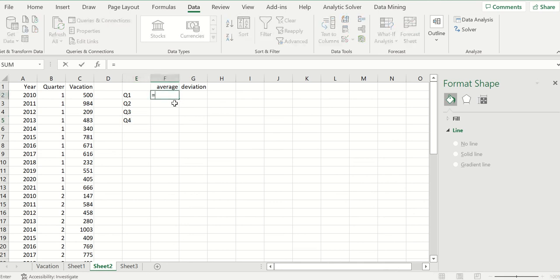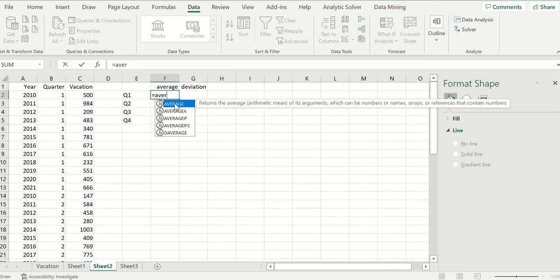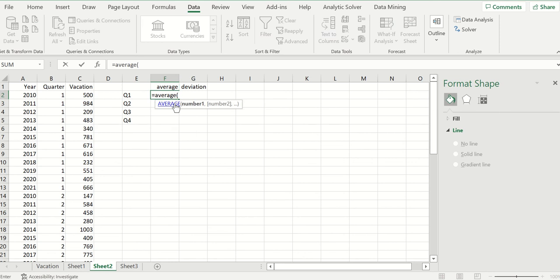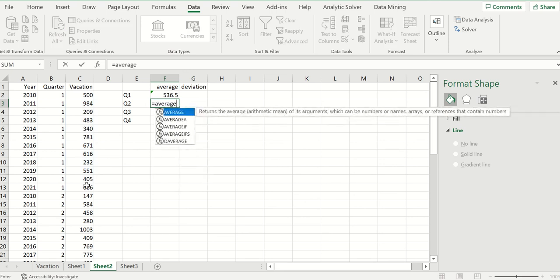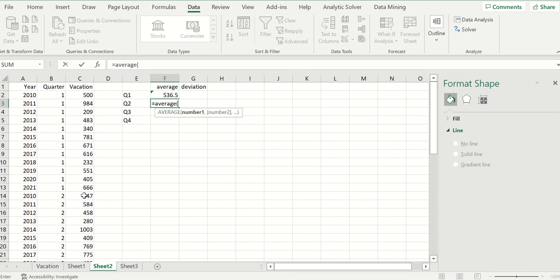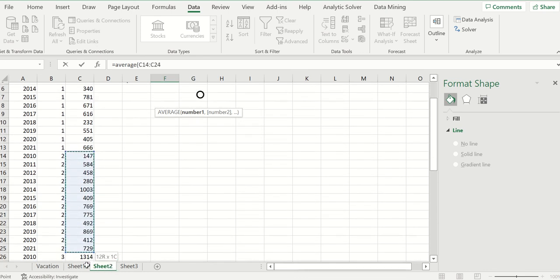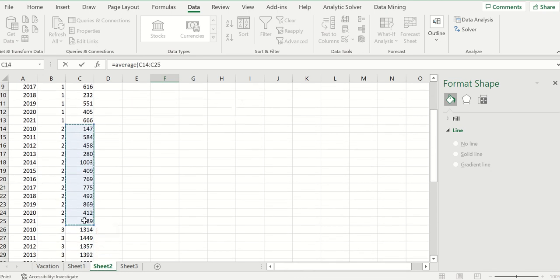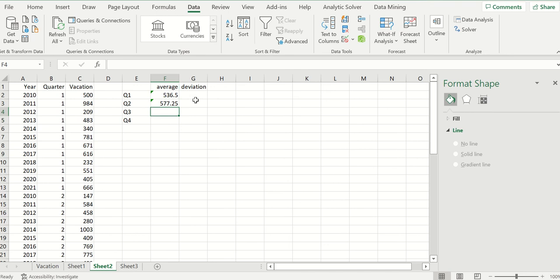I can get the average by just using my formulas. Let's take the average of all items that were in quarter 1. You could do this in a pivot table if you wanted to; nothing wrong with that at all. Average of all of my 2s. You get the point.